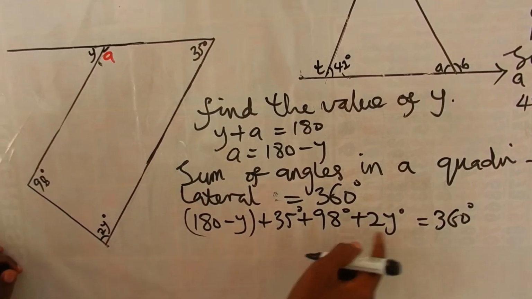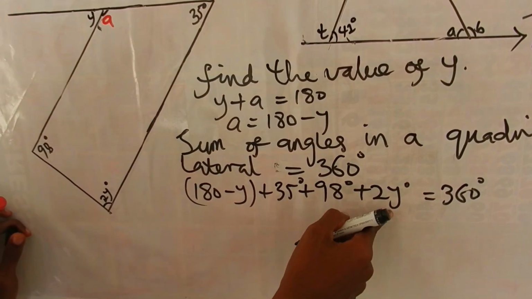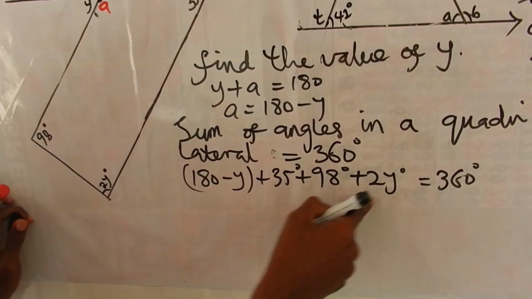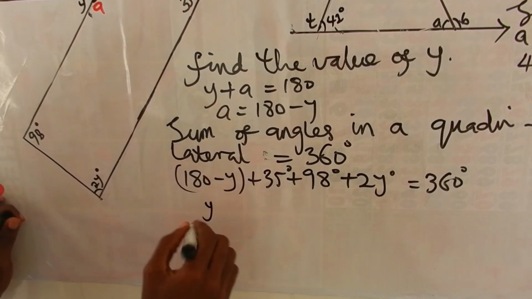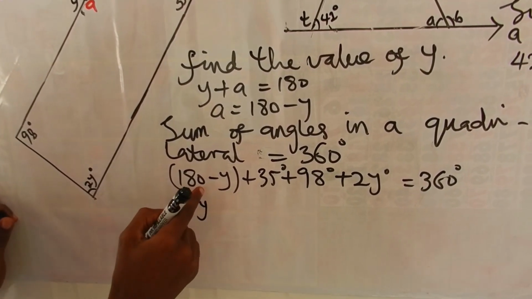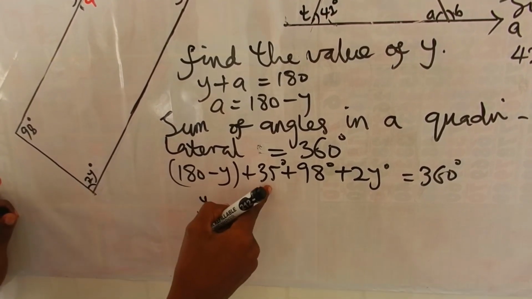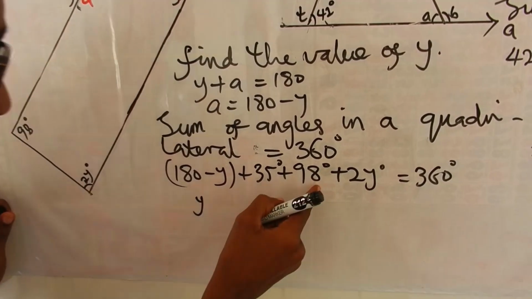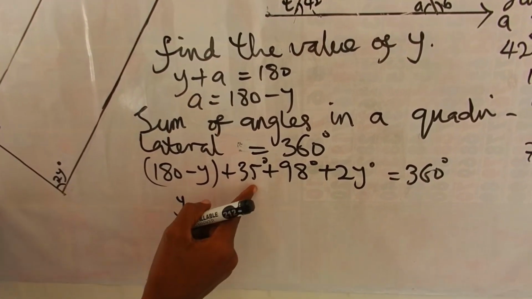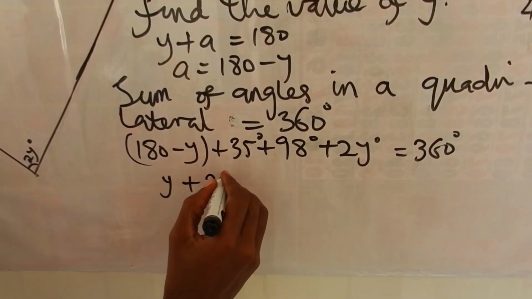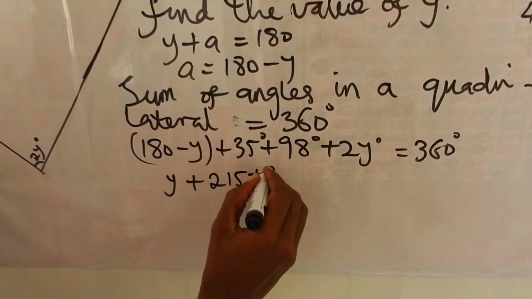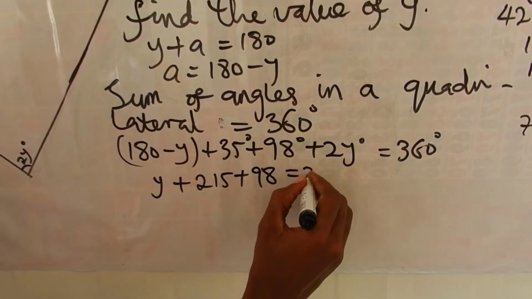So I have 2y here minus y. So that gives me y. Okay? I have 180 plus 35 plus 98. 180 plus 35, that gives me 215 plus 98 equals 360 degrees.